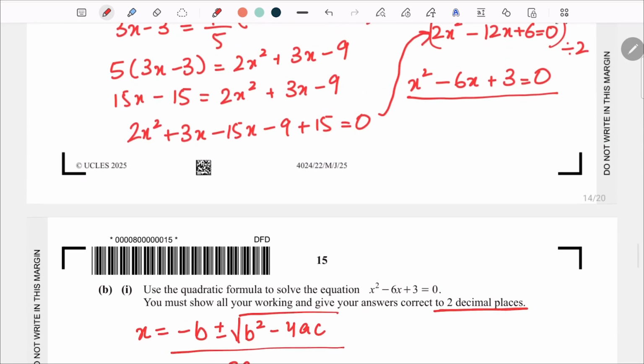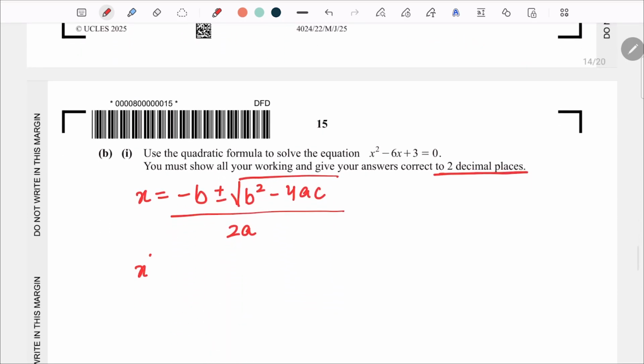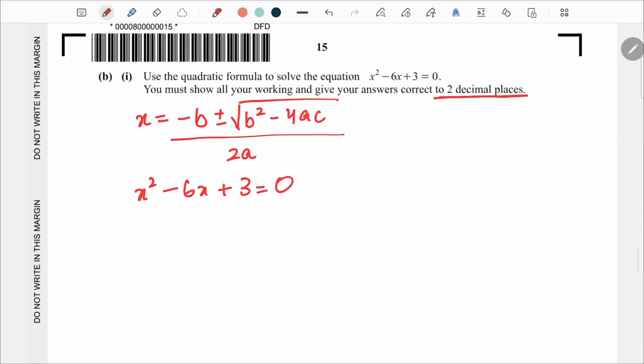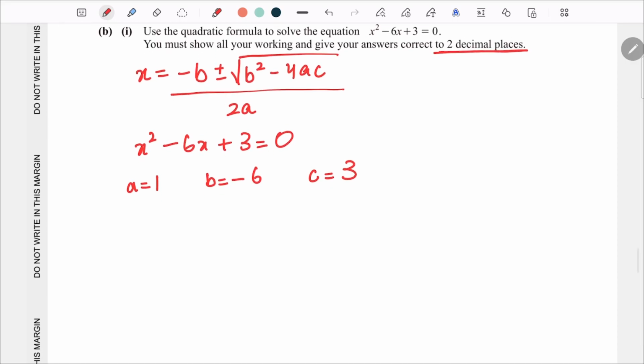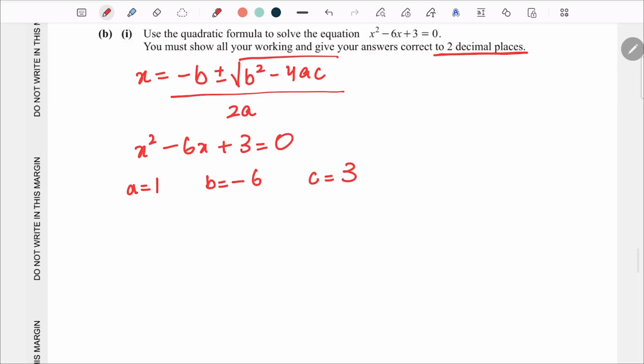Now the equation was x squared minus 6x plus 3 is equal to 0. So the value of a is 1, the value of b is minus 6, the value of c is equal to 3.